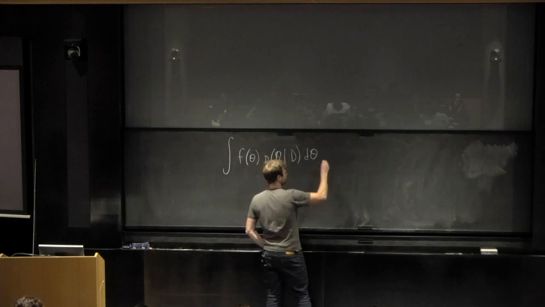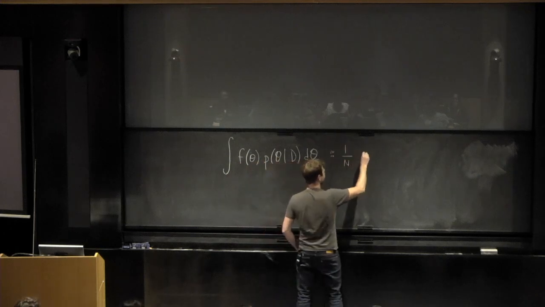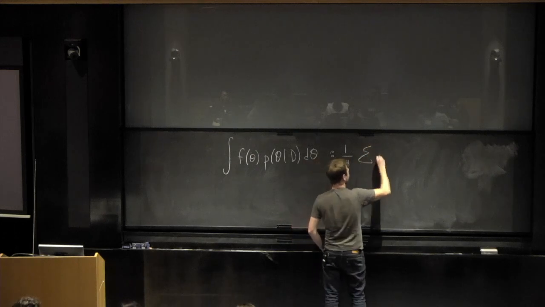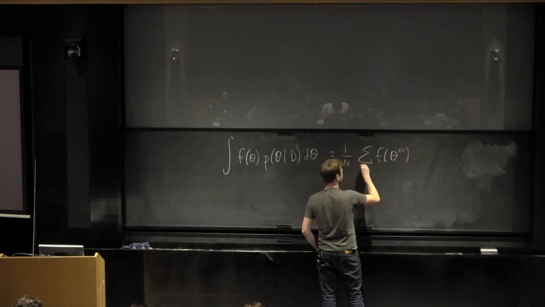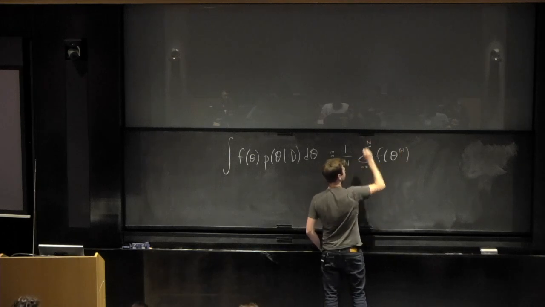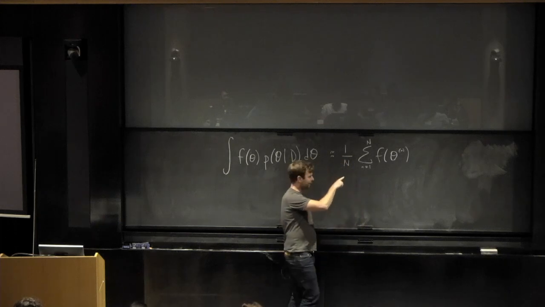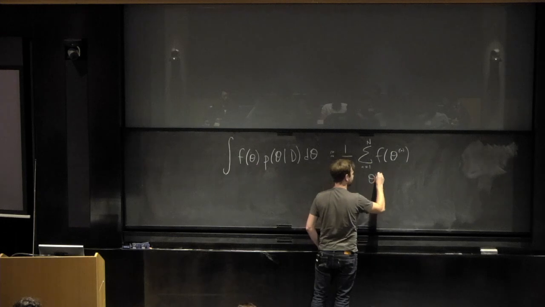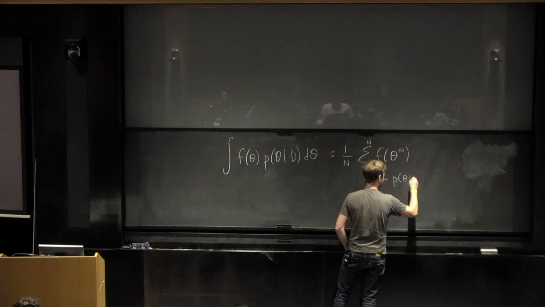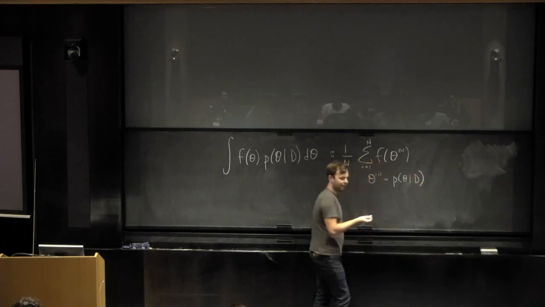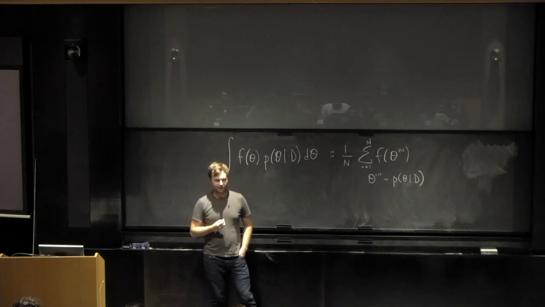And the way that we do that is by approximating this integral as a sum over n, where these theta n's are samples from our posterior probability density. So that's the relationship between doing integrals and sums.